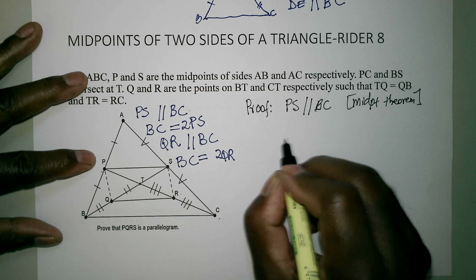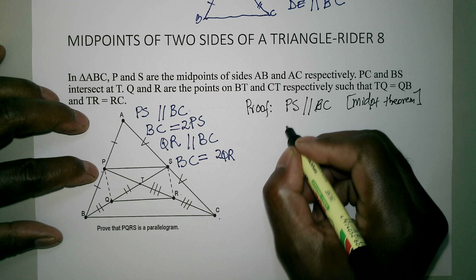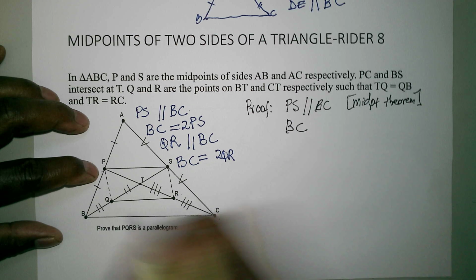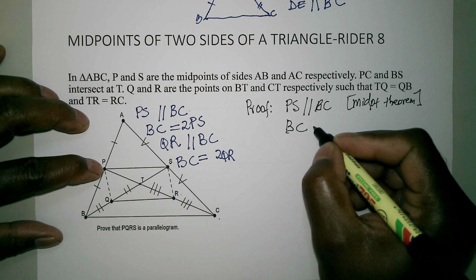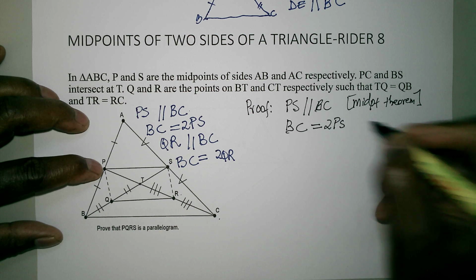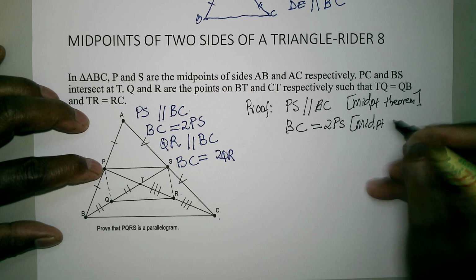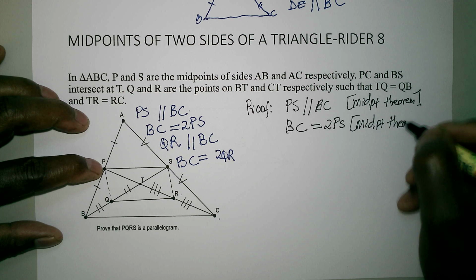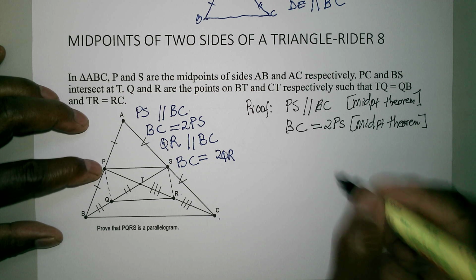And one other thing is that we know that BC, because of these midpoints, is equal to twice PS. Again, because of the midpoint theorem. Okay?